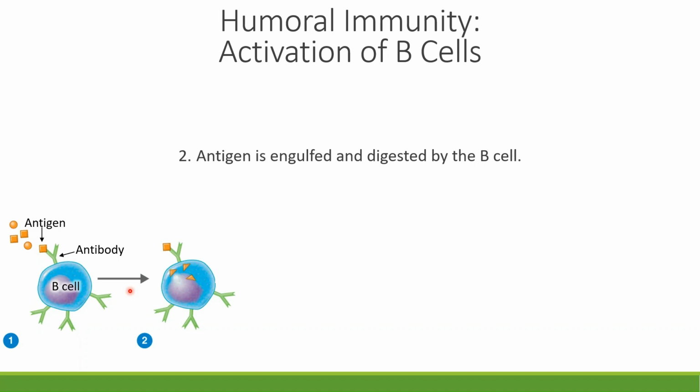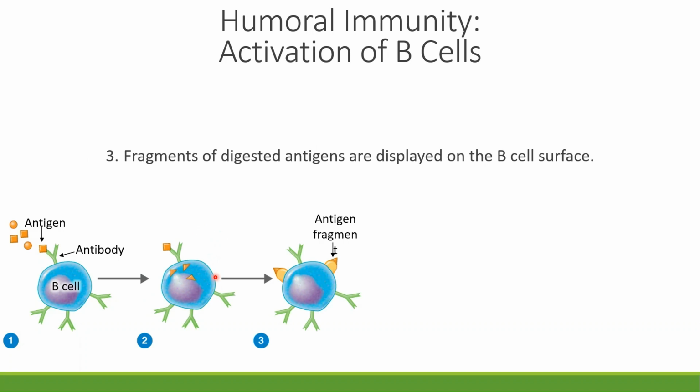And then that antigen, therefore, since it binds to that antibody, the B cell, what it does next is it engulfs and gets digested by that B cell. So we see that being broken and entered into the body. Those fragments of digested antigens are then displayed by the B cell surface.